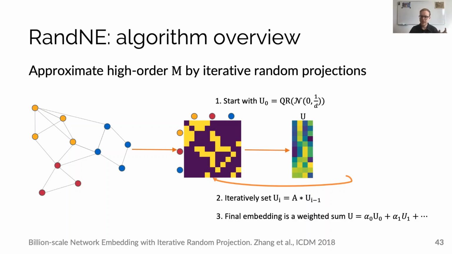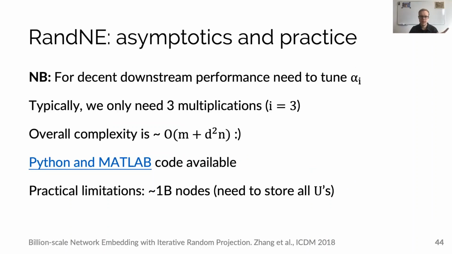Then we iteratively multiply the adjacency matrix by this, and we get higher and higher order embeddings. The final embedding is a weighted sum of these. Typically we do this 3 times. And for decent downstream performance, we need to tune the alphas.